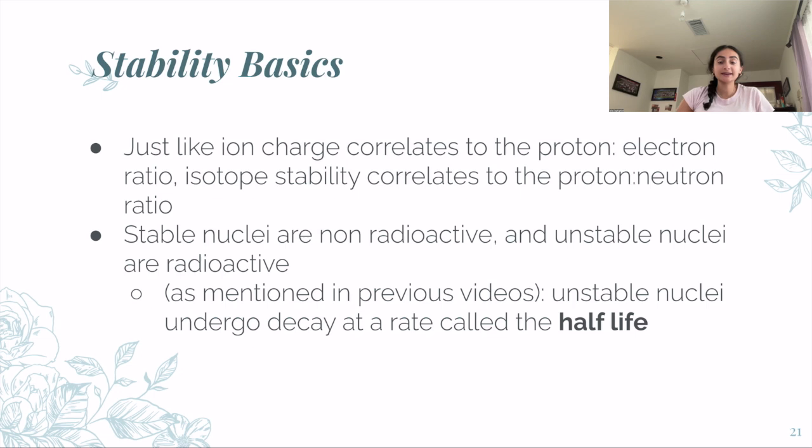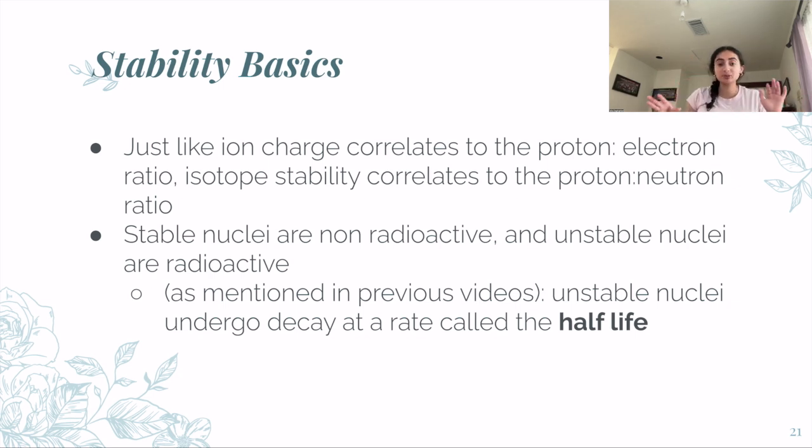So before I get into the factors affecting stability, I'm going to talk about what stability is. So this whole unit, I've been talking about radioactive isotopes and their decay and nuclear radiation and what's emitted from isotopes when they decay, but what determines whether an isotope will decay or not? And that is its stability.